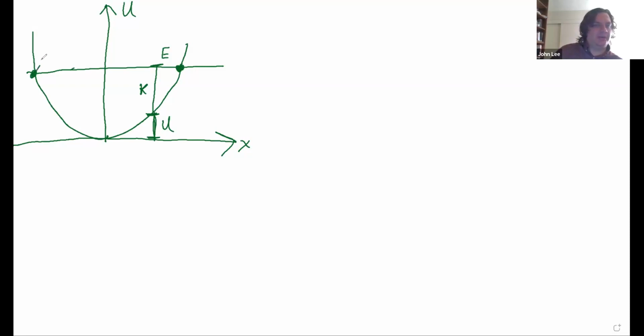Therefore, these are turning points where it starts going backwards and starts going down the slope. And this is the equilibrium point, where x naught equals 0.